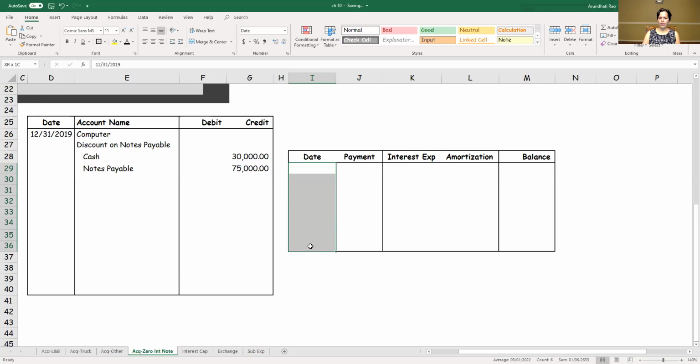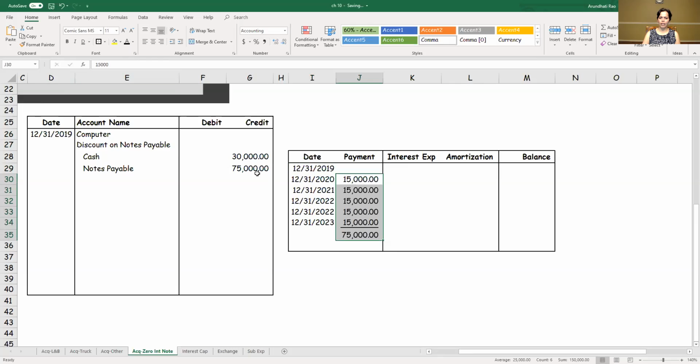So I have the relevant dates being the date of acquisition and the 5 times I'm going to make the installment payments. The installment payments are, we already know, $15,000 each time to add up to the $75,000. That's a notes payable. We have the interest calculations and the amortization that we need to work on.